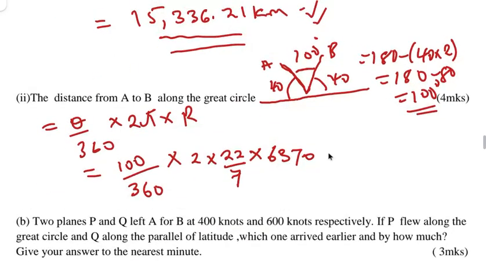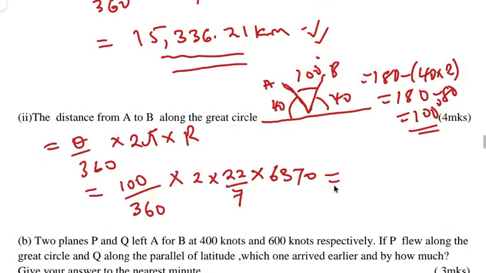Using your calculator well, it should give you something like 11,122. Let me confirm, 11,122, this is okay.